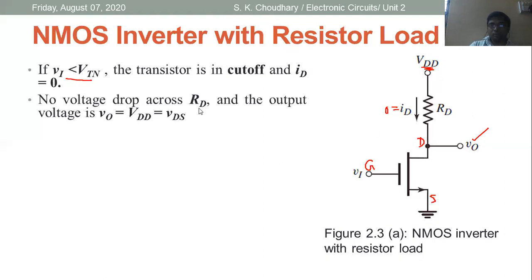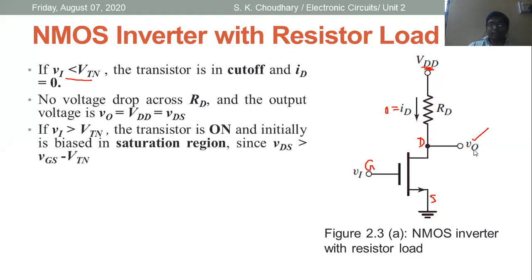So no voltage drop across RD, and output voltage V0 is equal to VDD, also written as VDS. In the cutoff region, your transistor acts as an open switch. No current flows across that switch, and your output voltage is equal to the supply voltage.